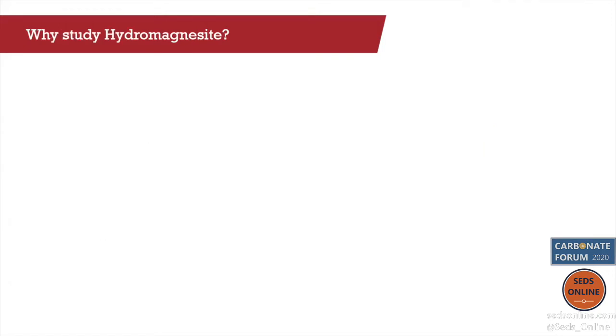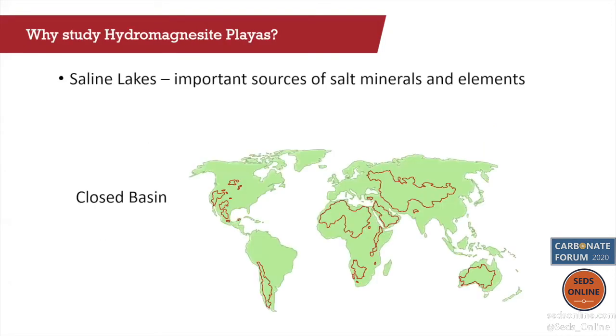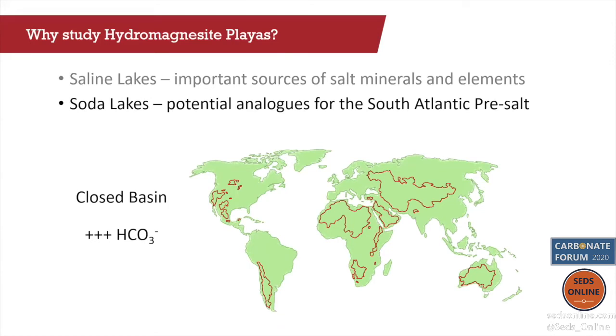So why do we want to study hydromagnesite? We'll first look at saline lakes, which form in closed basins dominated by evaporation. They're important sources of evaporitic salts and associated elements. Soda lakes are a subset of carbonate-rich saline lakes that present a potential analogue for the South Atlantic pre-salt that Nathan and JP will be covering in their talks next.